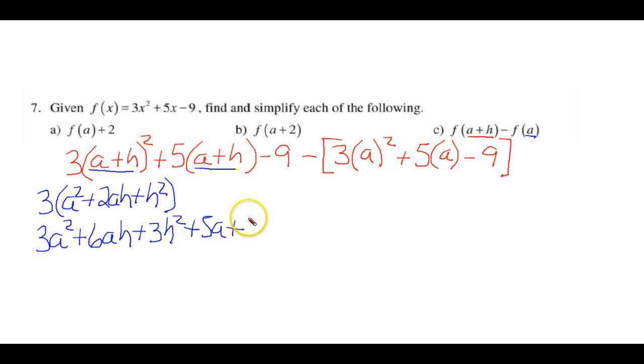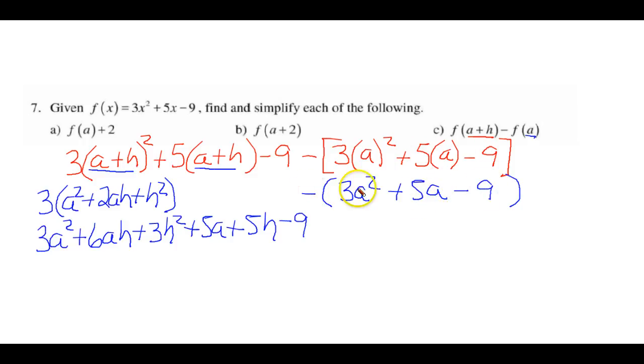plus 5h minus 9. And then here I'm going to do this internally here. This gives me 3a to the second plus 5a minus 9.